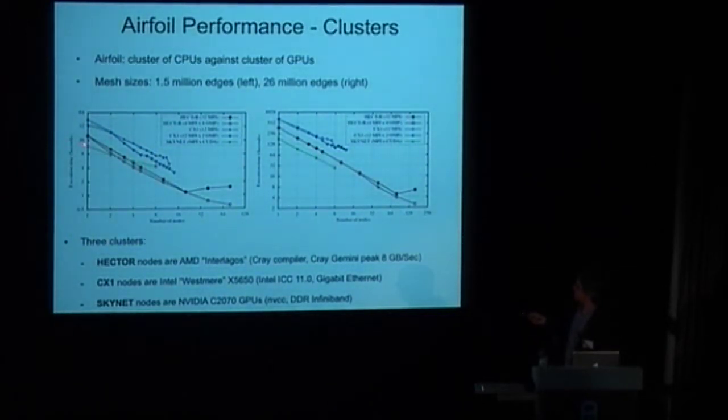In both cases, the cluster of GPUs for this kind of application is going to outperform Hector, which was at least the fastest supercomputer in the UK. You can also see that in this case, MPI plus OpenMP scales better on Hector. So this is very promising for us, actually.